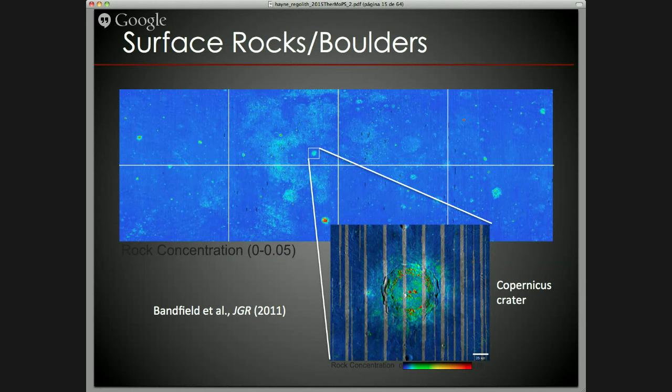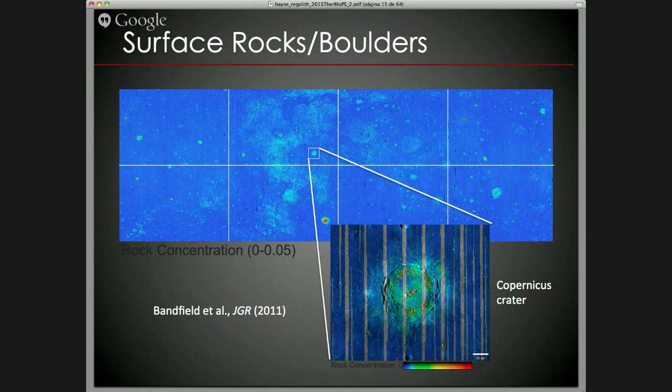And you can see some craters in particular really stand out as being especially rocky, and it turns out those are the youngest craters. They tend to be as young or younger than this crater called Copernicus, which is an important age marker on the moon.